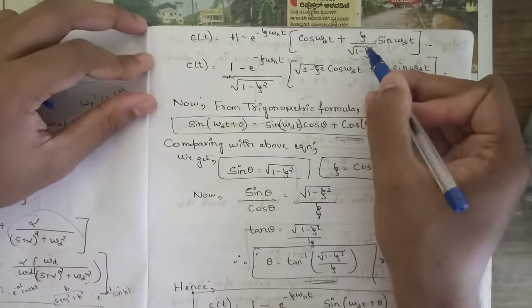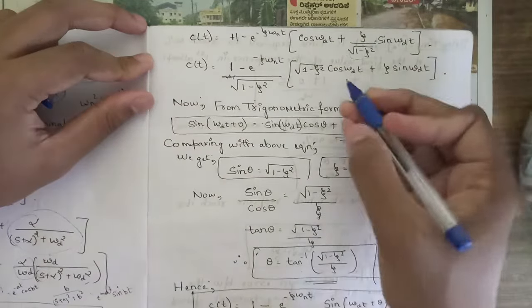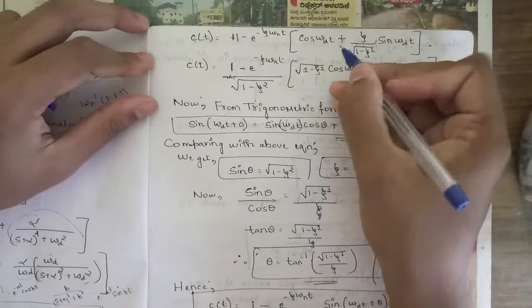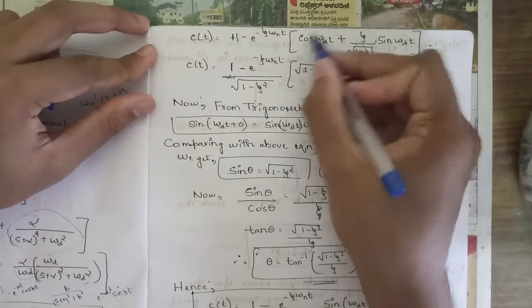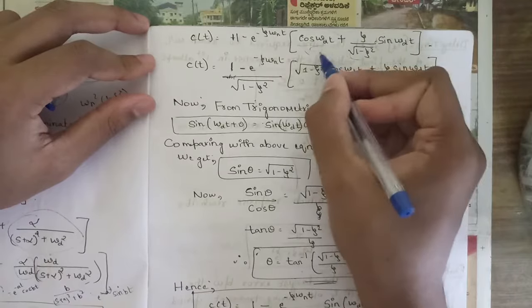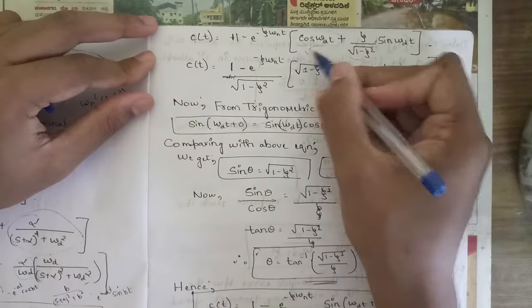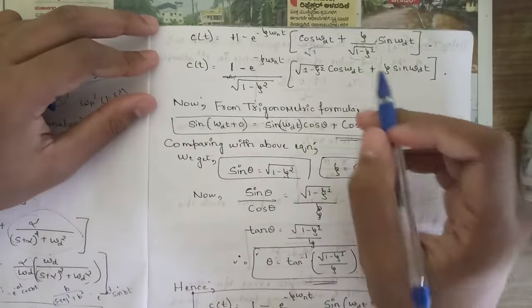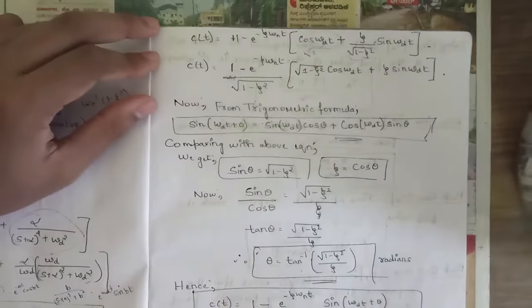If we take this square root of 1 minus zeta square outside, then inside the bracket we have the remaining terms. Since we have cos omega dt, if we had this term in the denominator, square root of 1 minus zeta square, in the numerator also we should have it in order to get only cos omega dt, right?